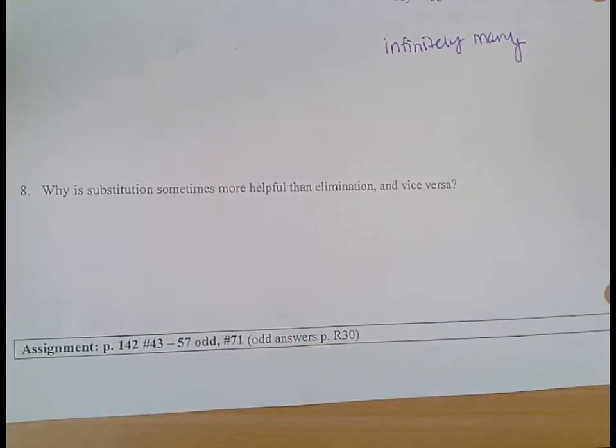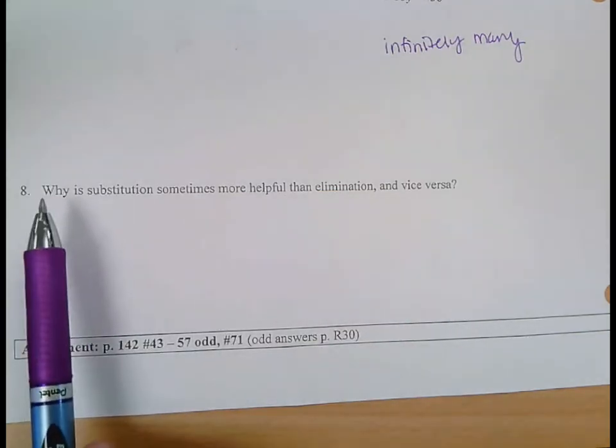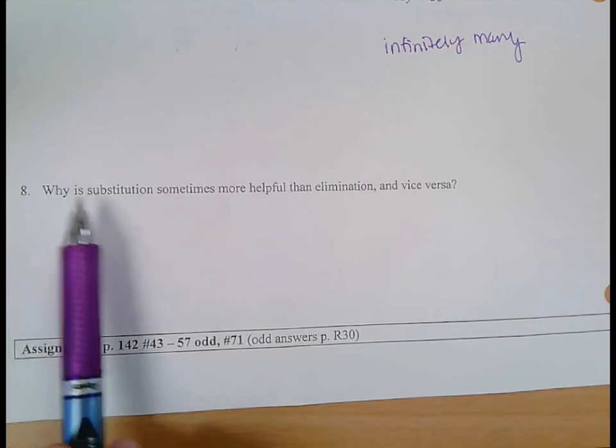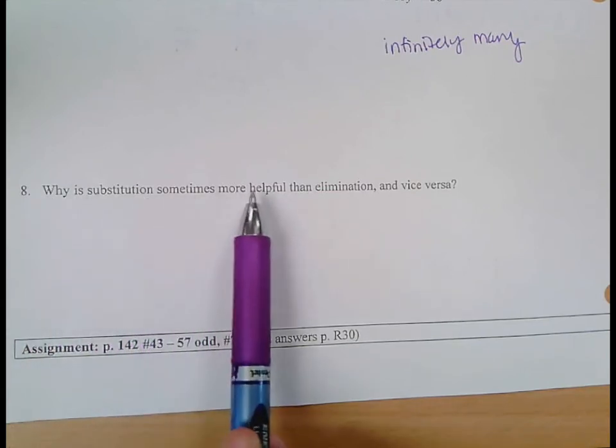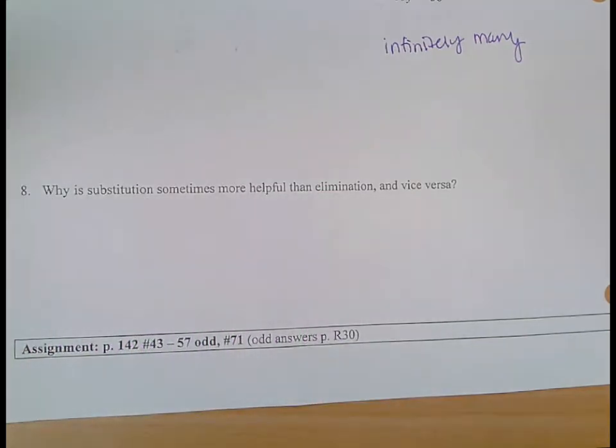And again, I'm still going to go around, choose a group, have somebody explain what they wrote for 8, and I can check it before you come up here. But it says, think about the methods you learned. Why is substitution sometimes more helpful than elimination, and vice versa? So think about if I just gave you a system and I said solve it. I didn't tell you what method to use.